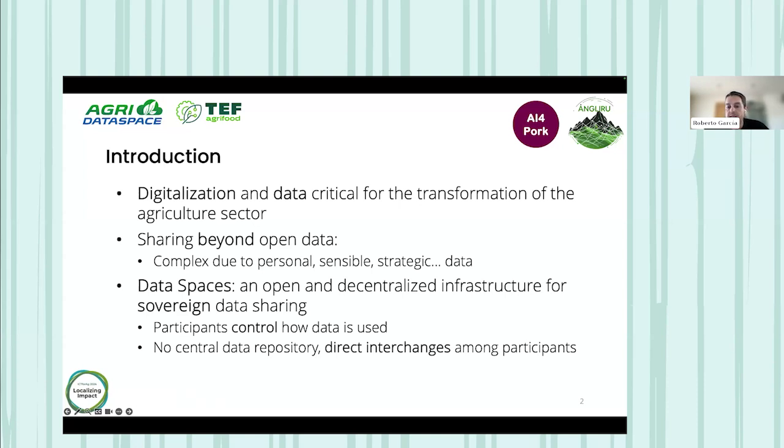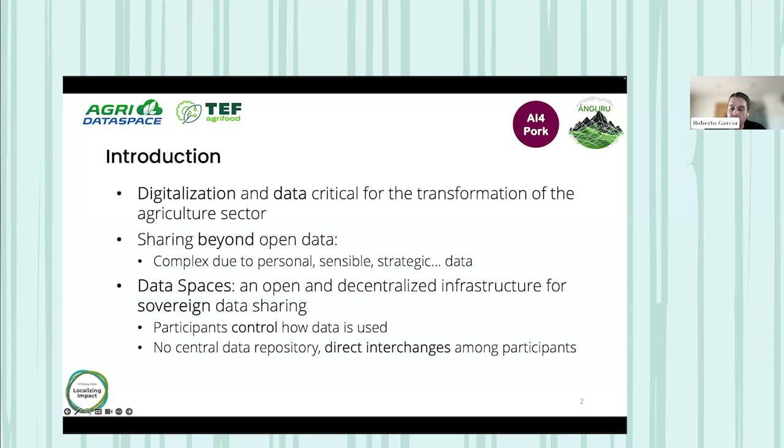Data spaces are basically an attempt to solve that problem, to break this barrier when it comes to sharing the kind of data that you want to keep control of. It's based on an open and decentralized infrastructure, because what you want to avoid is all the data being collected and accumulated in a centralized location.